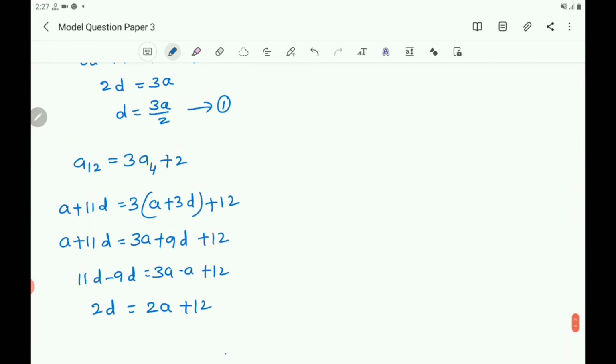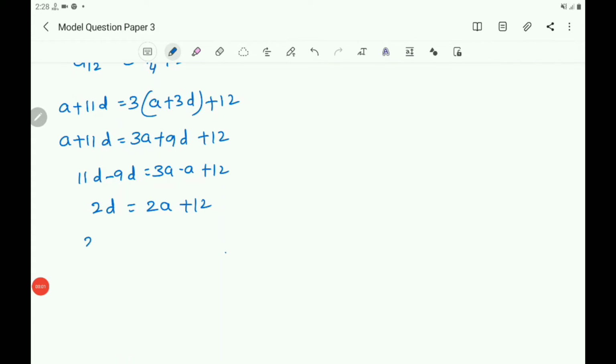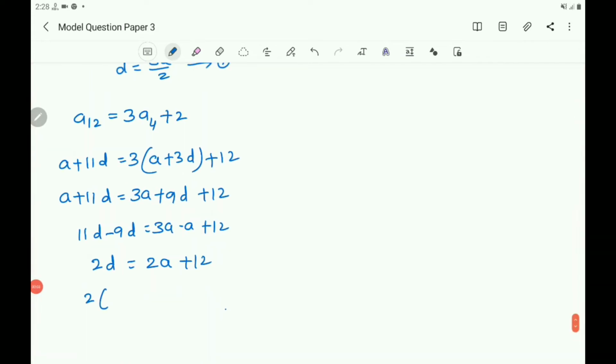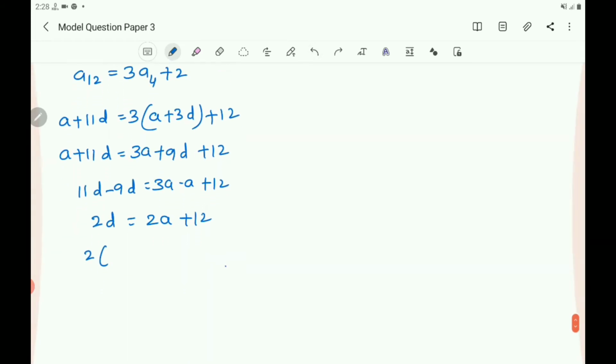Now you can use the first one, D equals 3A by 2. So write 2 into D, which is 3A by 2, equals 2A plus 12. You write from first.